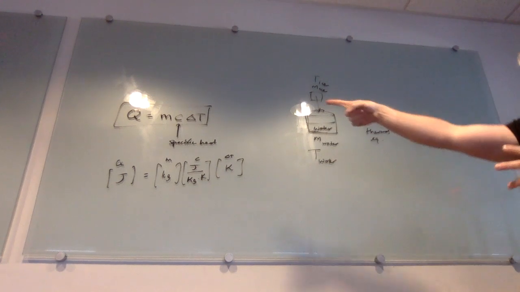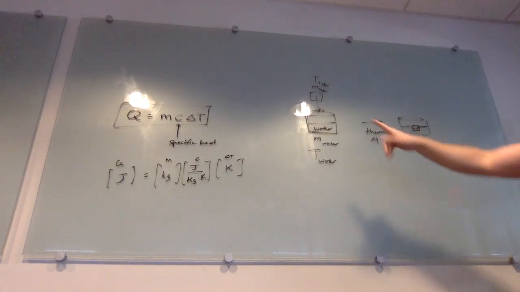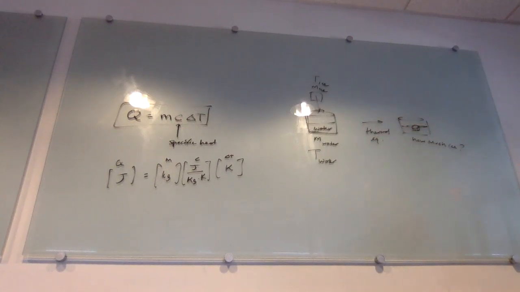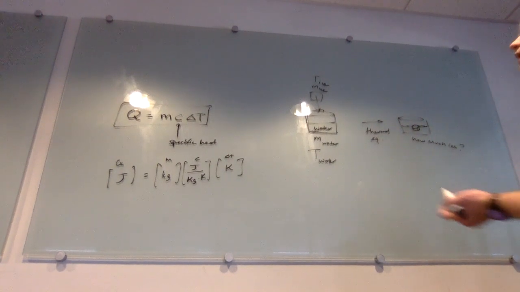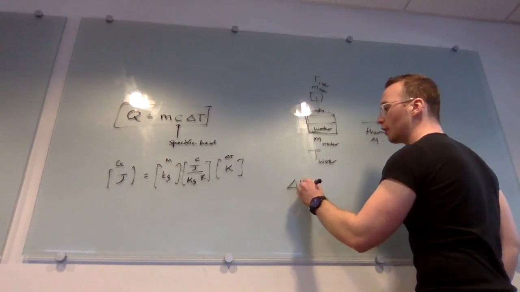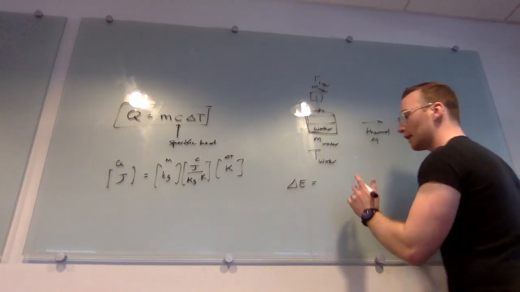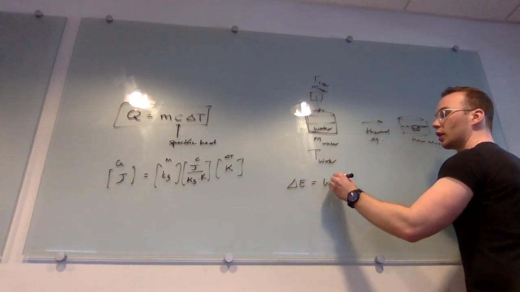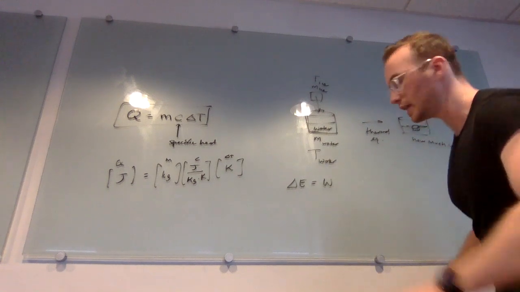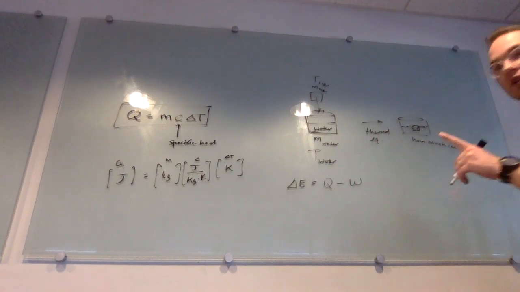And the reason we're going to use this equation, so you'd see this problem, how do we know to use this type of equation? Well, by the first law of thermodynamics, we have that the change in energy, I guess you don't really need to use the first law, but I'll just connect it back to that. The change in energy is given by the heat minus the work done by the system.